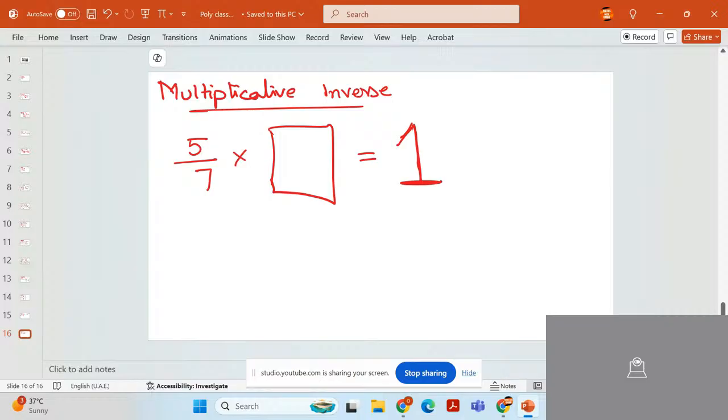So 5 is in the numerator. So when will it get cancelled? When you have 5 in the denominator. And in the given number where is 7? 7 is in the denominator. So if it has to be cancelled, where should 7 be? In the other number, in the numerator. So put 7 in the numerator. So this is the multiplicative inverse. For 5/7, 7/5 is the multiplicative inverse. For 7/5, 5/7.